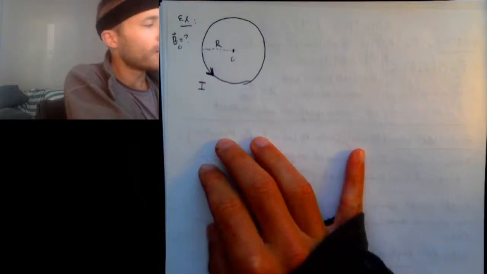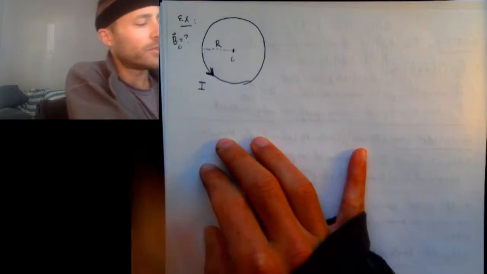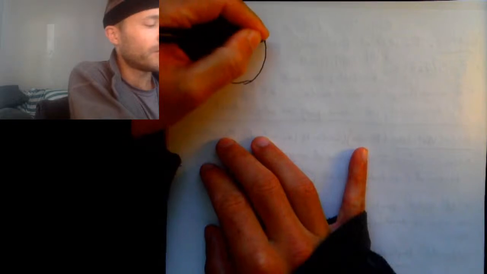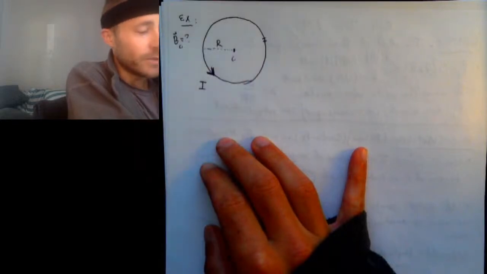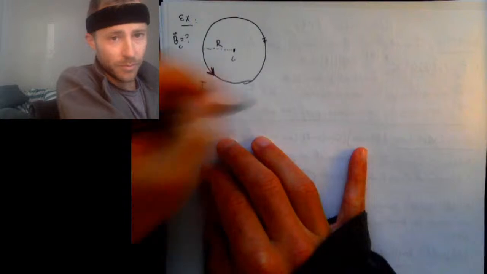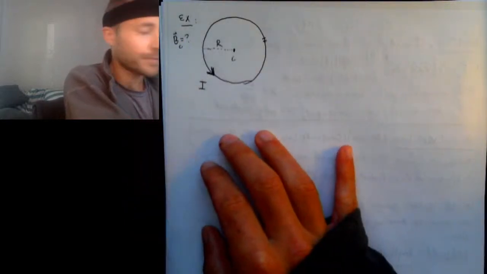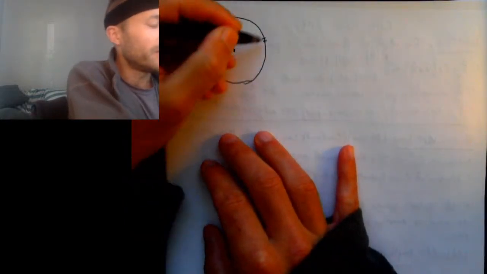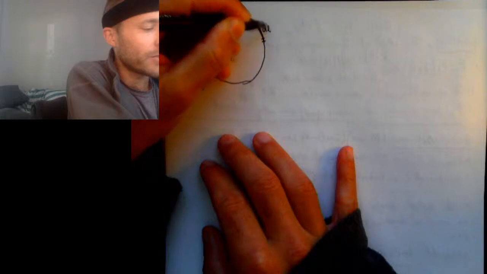Okay. So let's just pick out a segment of this loop of wire that's carrying current. Then its dL is going to point tangent to the circle in the direction of current flow.